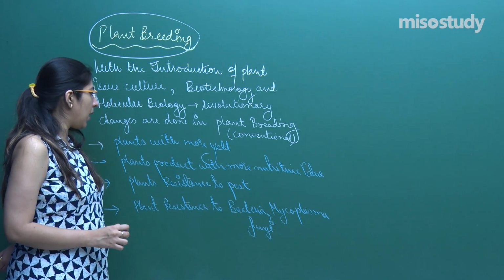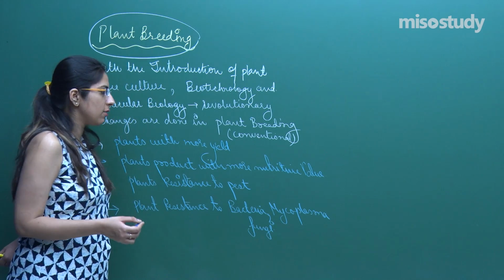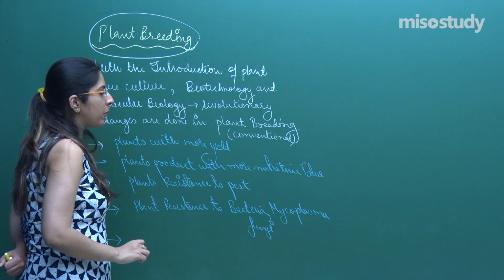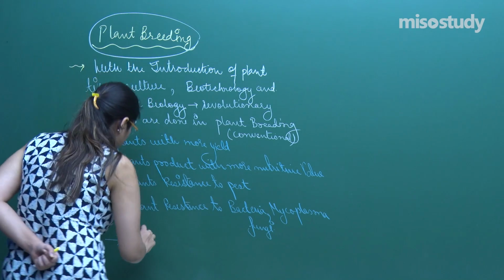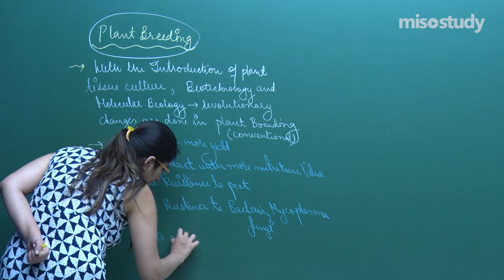More yield, plant products with more nutritive value, plant resistance to the pest, resistant to the bacteria, mycoplasma and the fungi, and the last but very important is that plants are drought resistant.